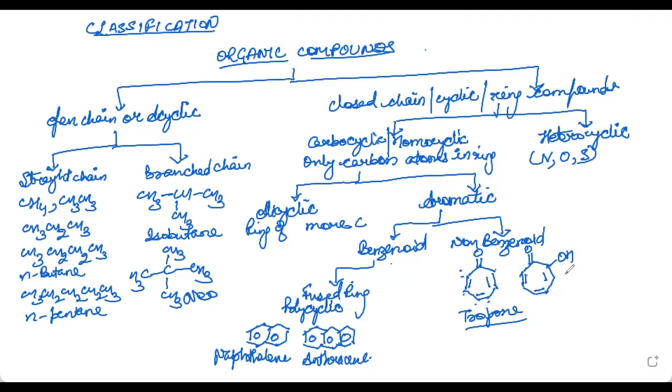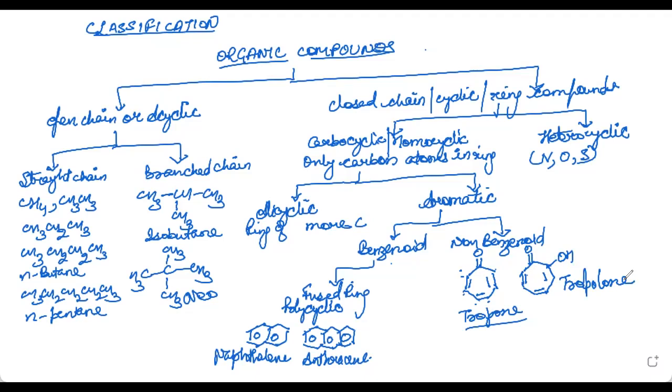Right? So this is tropolone. So this is non-benzenoid. It is not having any benzene ring, but still it is aromatic. Okay, clear?